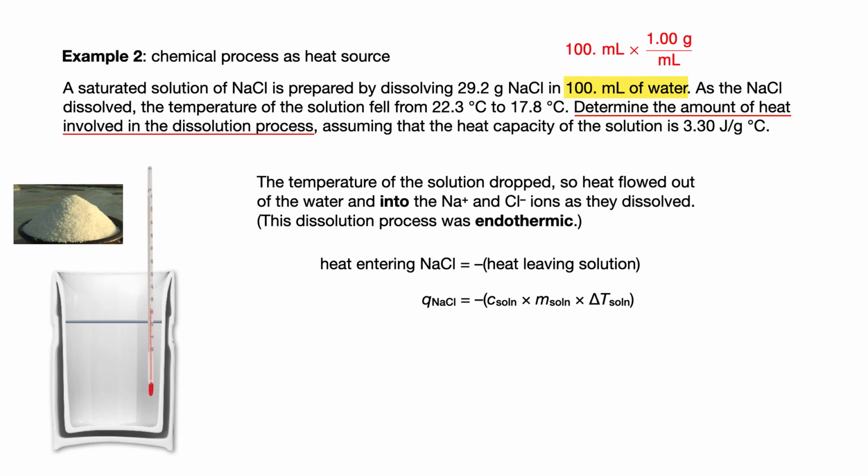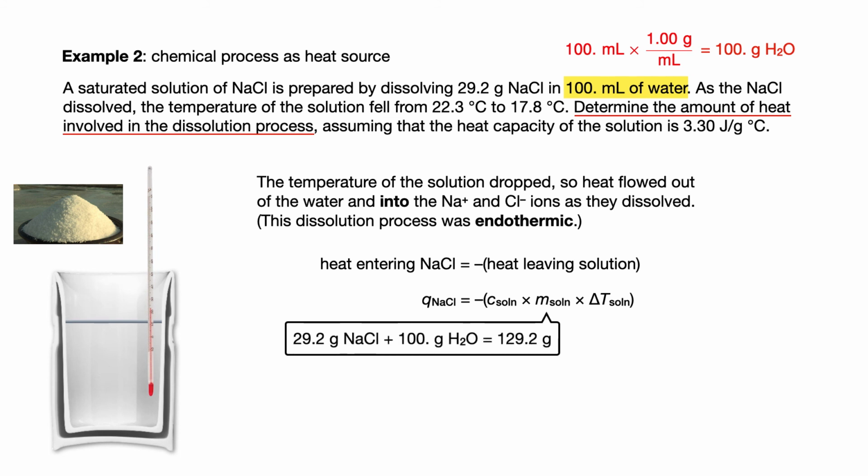So we had 100 grams of water, and then one thing that is really easy to forget, but is important, is that for this calculation, the heat that's leaving the solution, we need the total mass of the solution. And so that mass consists of the 29.2 grams of sodium chloride plus the 100 grams of water. And so the total mass of the solution is 129.2 grams.